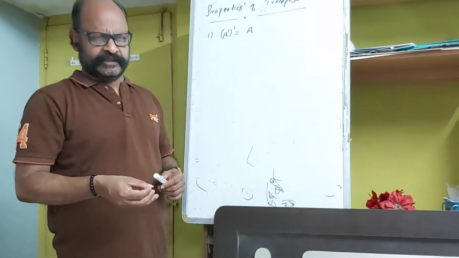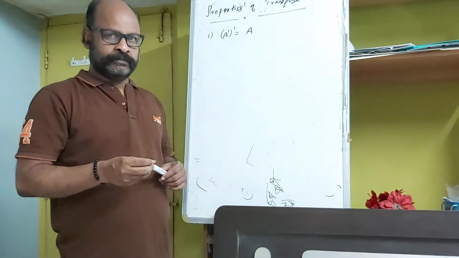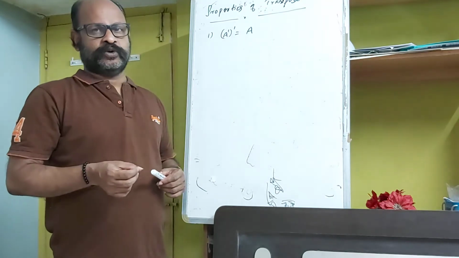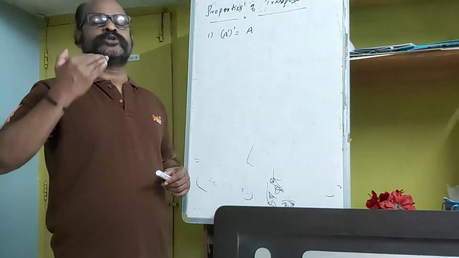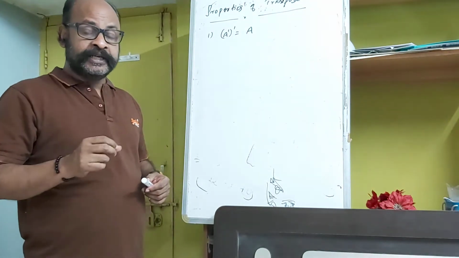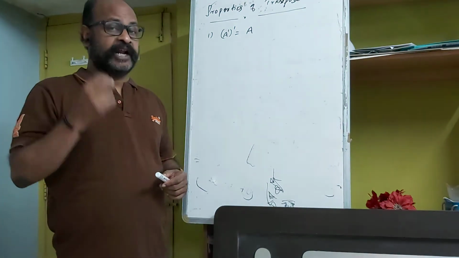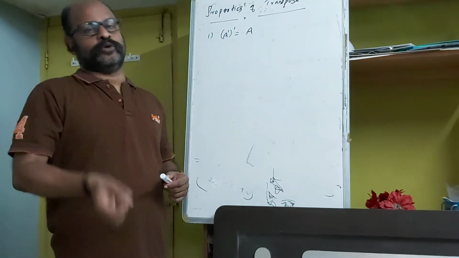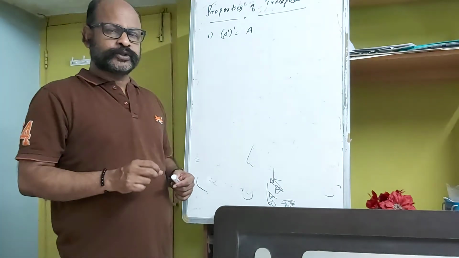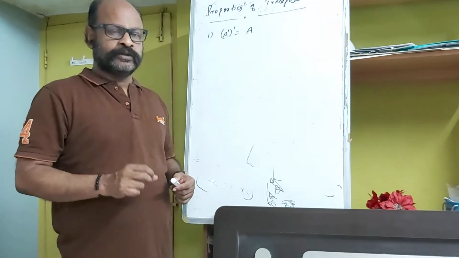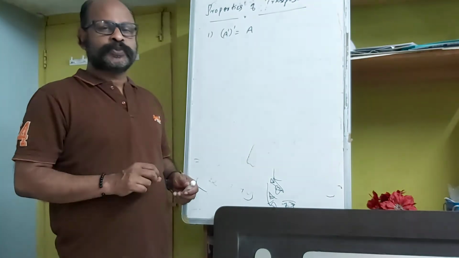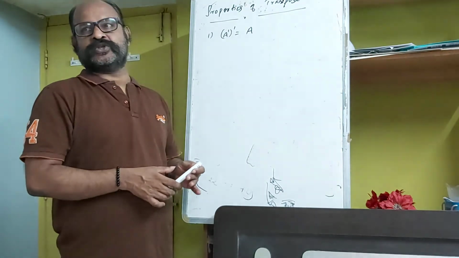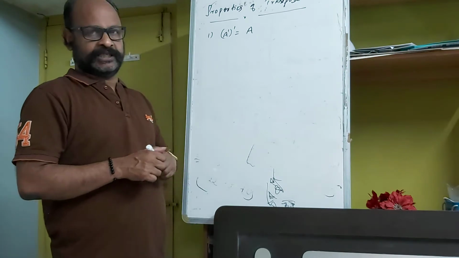A is given, then when we obtain A transpose, the rows become columns. Then when we obtain the transpose of A transpose, the columns again become rows. The meaning is we come back to the original matrix.